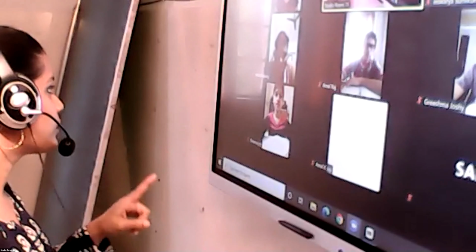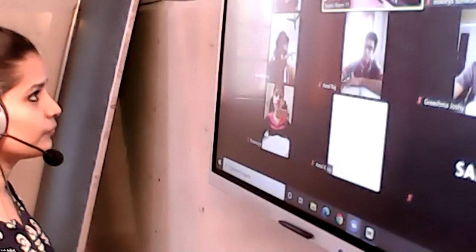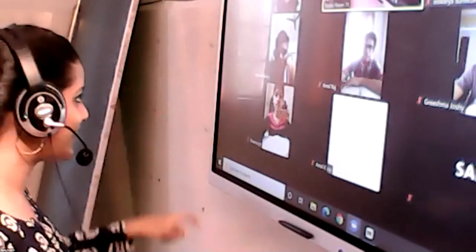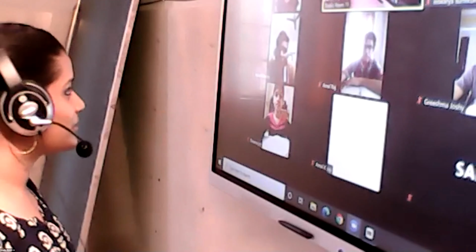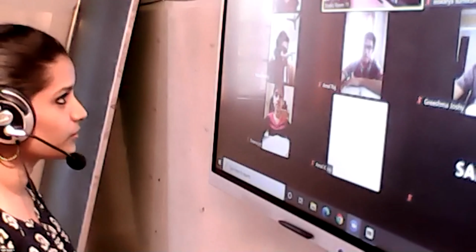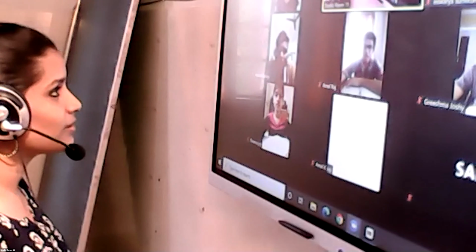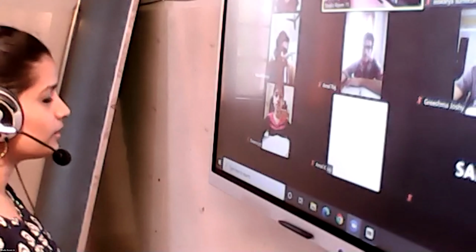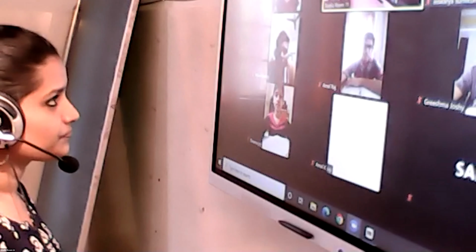So the first thing that you have to do is observation of the general appearance. Okay, and it should be modest. I told you, don't scan the person so that the person sitting next to you becomes very conscious. Without the person knowing that you are observing the whole thing, you have to observe the person.